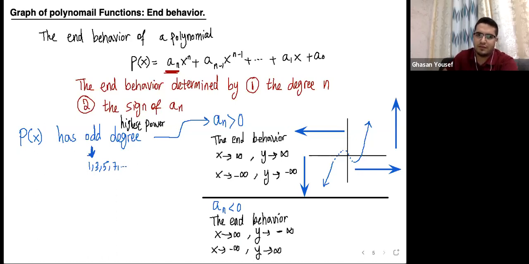I'm going to graph it to show you what the end behavior is here. So here is the graph. The function goes up, then here it will be like this, then goes down.